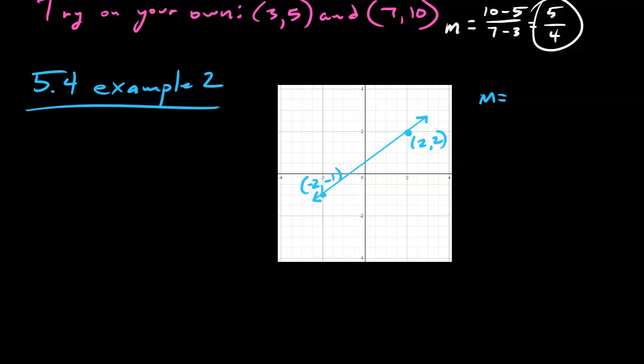Which one's 1 and which one's 2? Wait. Let me phrase that better then. Which one is the first point? Which one is the second point?